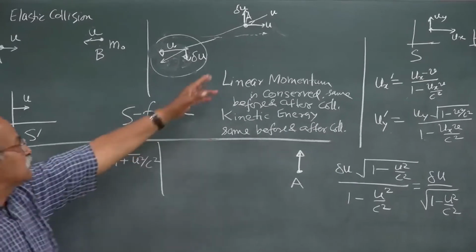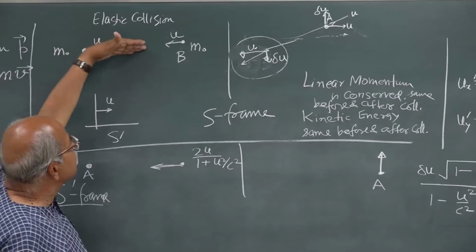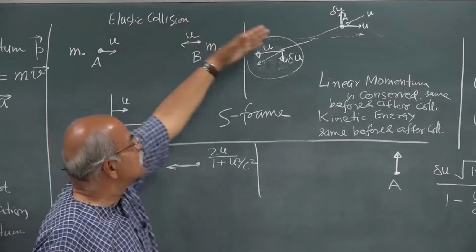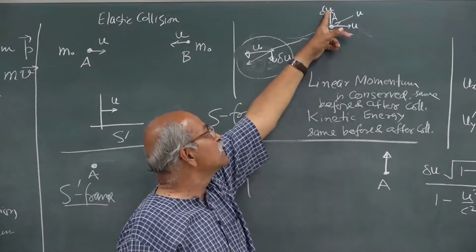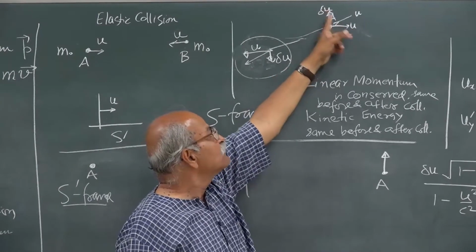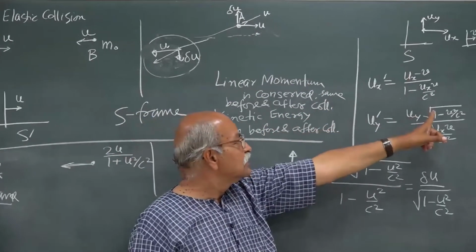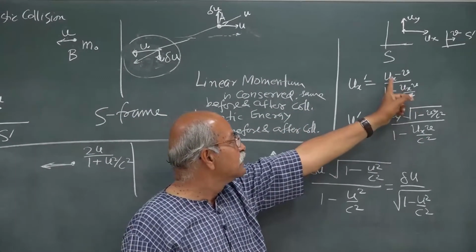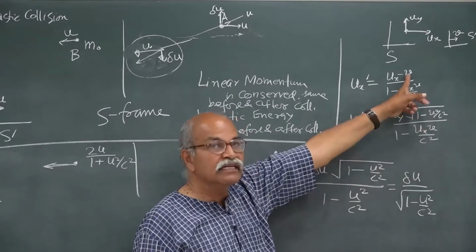This particle A comes from this side, makes a collision here, deflects and goes this way. The x component is u, the y component is delta u, and then we make the transformations. In the transformation, ux comes here and v comes here.